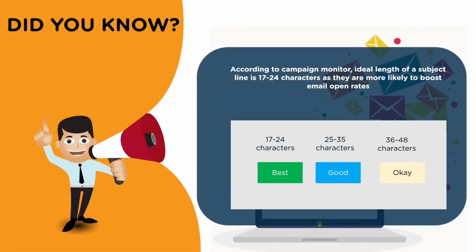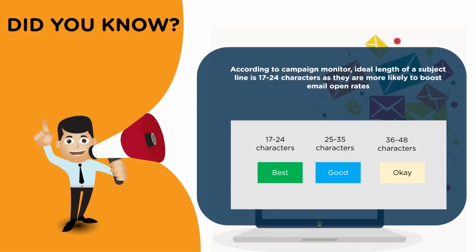So according to Campaign Monitor, the ideal length of a subject line is up to 24 characters, and they're more likely to boost those email rates. Okay, so keep it short, but make it impactful, make it personalized like I mentioned before. If it gets too long, then it may get cut off and it may not have the same impact as something shorter.